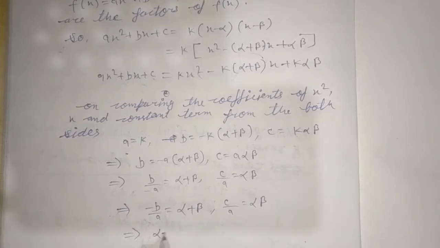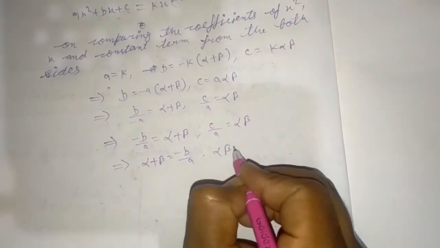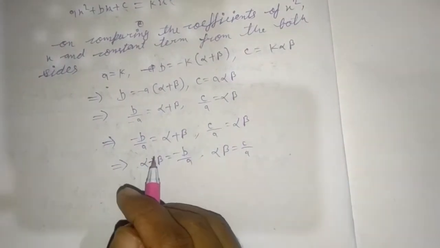Alpha plus beta is equal to minus b upon a, and alpha beta is equal to c upon a.